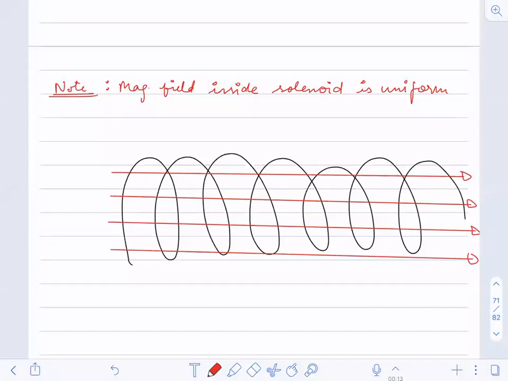That means if I take a point here, suppose this is 0.2 and this is 0.1, so B1 and B2. So B1 must be equal to B2 and both magnetic field directions are along the same line, so that is the meaning of uniform. So the magnetic field inside the solenoid is uniform.